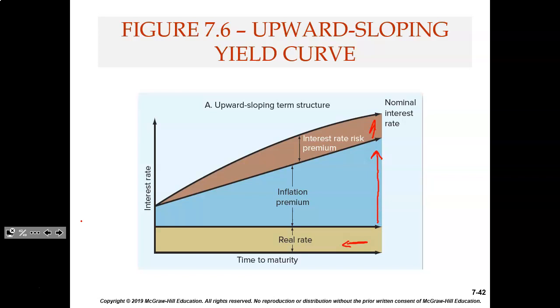Okay. Now, if you notice this upward sloping term structure, this is our normal yield curve. And the good thing about this, and kind of what makes our economy or any economy work, is the fact that if there is that upward pressure on prices, then there is an emphasis or importance to buy an item now.